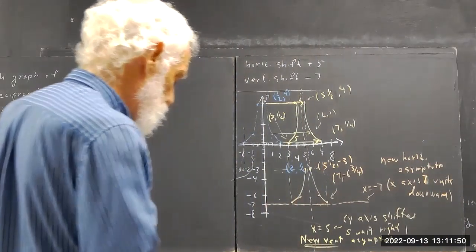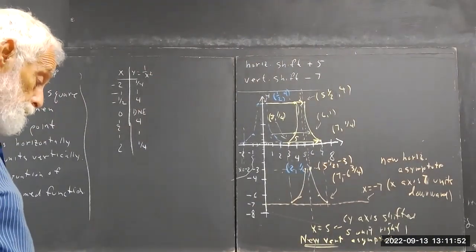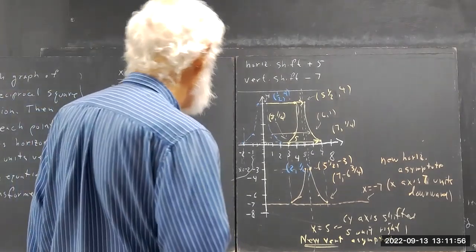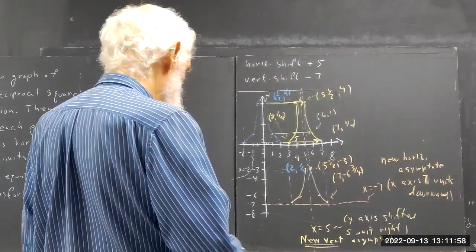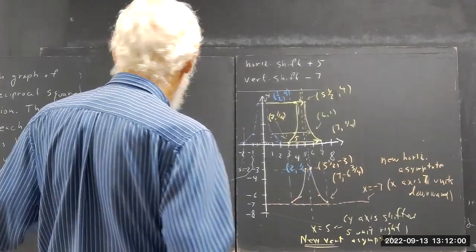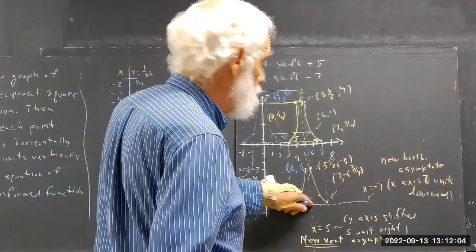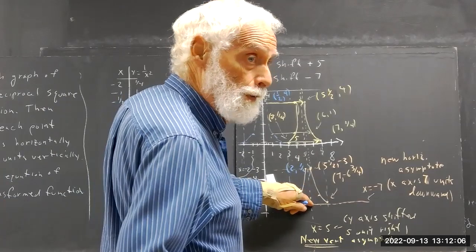Now, by the rule that I think we talked about, and if we didn't, we're going to prove it here, because I think we did this. The formula for the transformed function. Well, I'm going to do the formula for this one, then I'll do the formula for this. Okay.